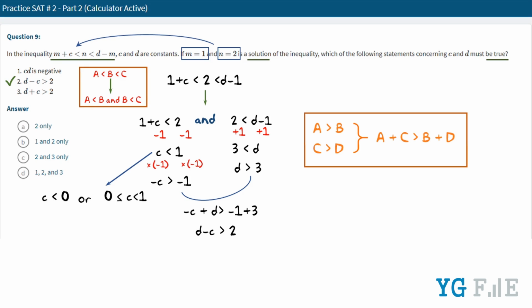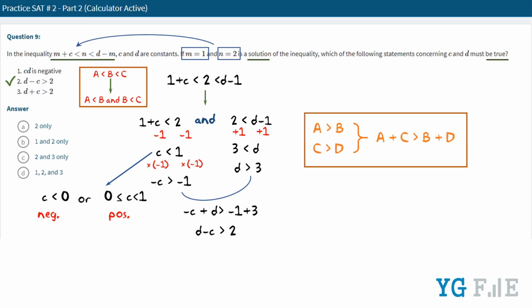If c is less than 0, then c is a negative number, and the product of c and d will be negative. But if c is greater than 0 but less than 1, then c is a positive number, and the product of c and d will be positive. So the first statement is not correct, since the product can be negative and it can be positive.